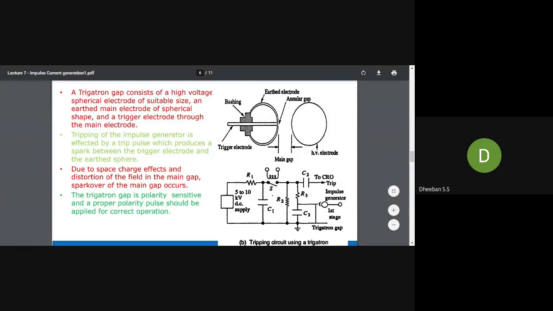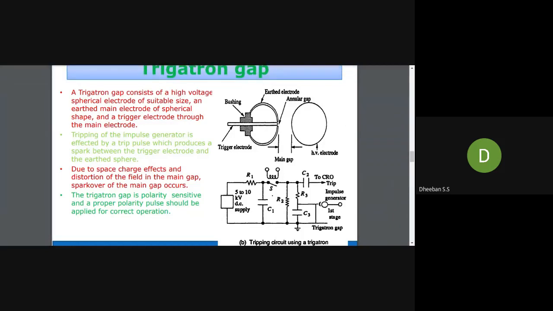The tripping of the impulse generator is effected by a trip pulse. Here manual control can be provided for the tripping process, whereas in your three electrode gap and in the previous one, the movable electrode, it is not possible.